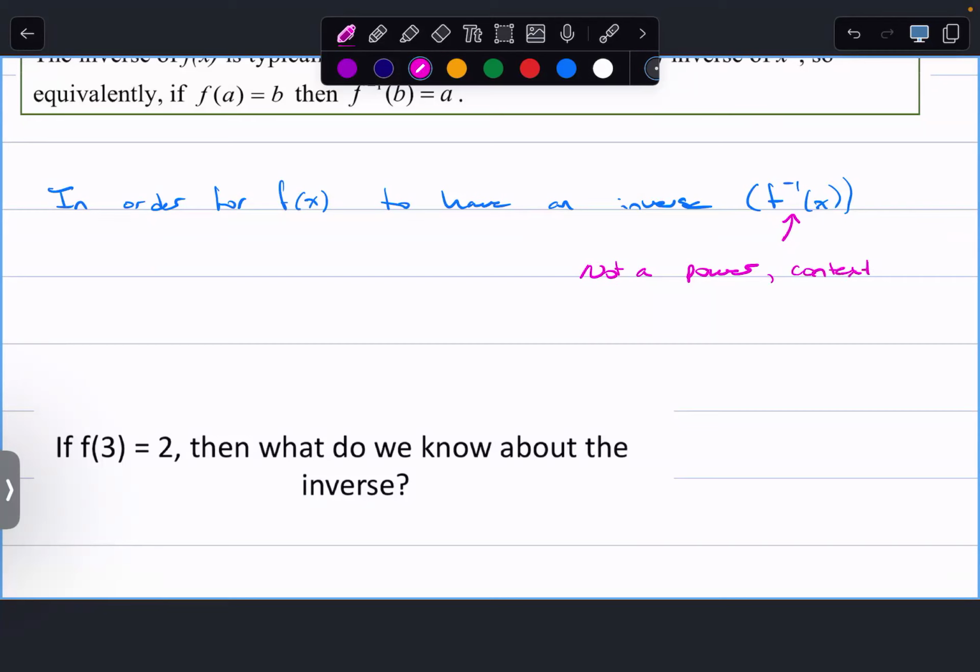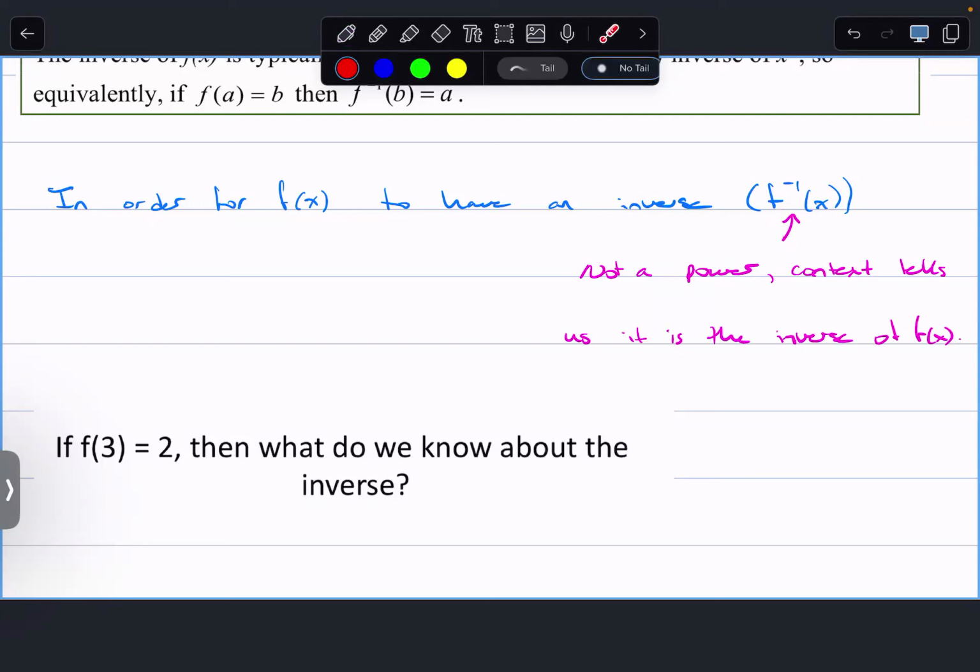Context tells us it is the inverse of f of x.